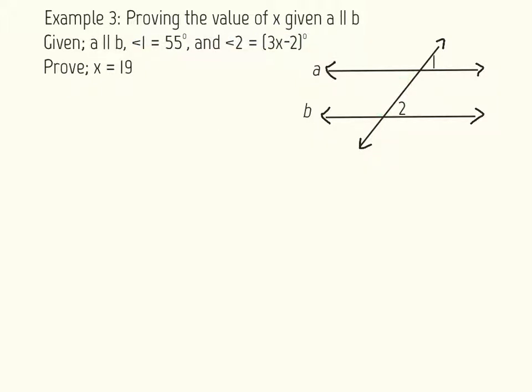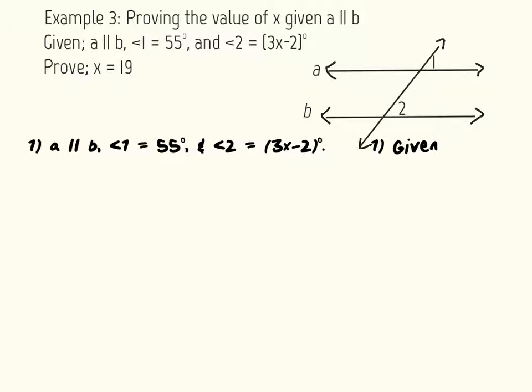For this last example, we are going to prove another algebraic proof. Given A is parallel to B, angle 1 equals 55 degrees, and angle 2 equals 3x minus 2 degrees, we want to prove that x equals 19. So again, we start with what we are given. So we have A is parallel to B, angle 1 is 55 degrees, and angle 2 is 3x minus 2 degrees given.